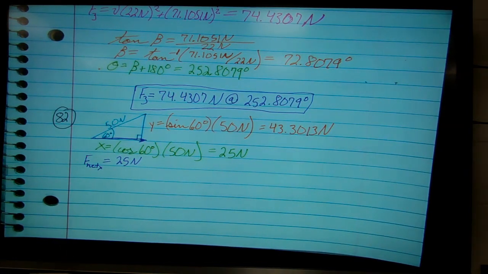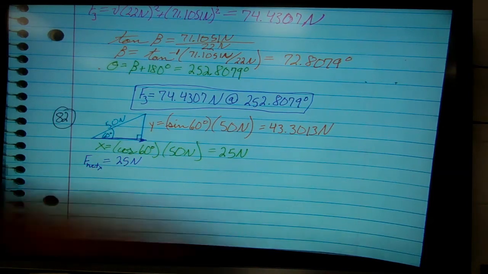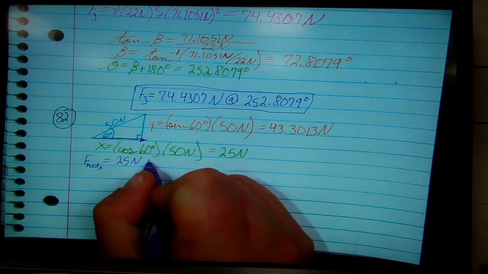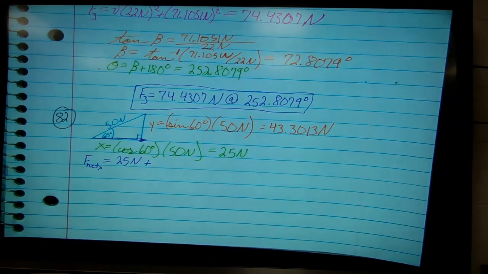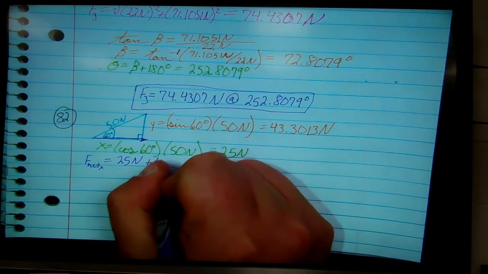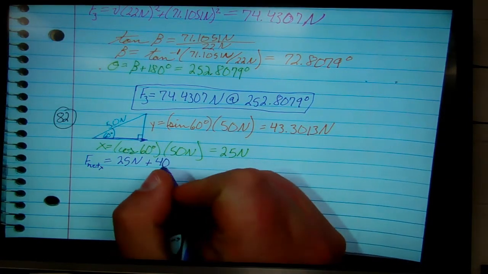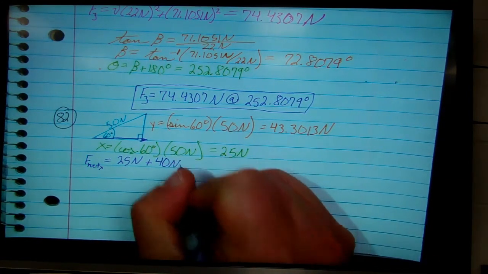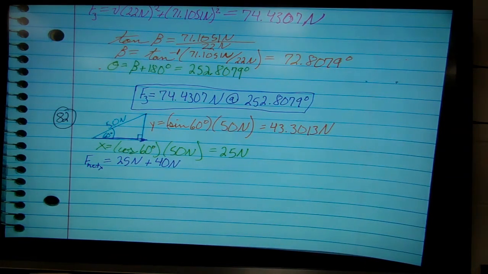So then from there, the only other things I have going on, and I'm going to do this just so none of y'all freak out on me. Well, isn't it just going to be 25 because those two cancel out? Yes, that's exactly right. But I'm going to do this because force 2 is 40 newtons, going in the positive direction, so positive 40.